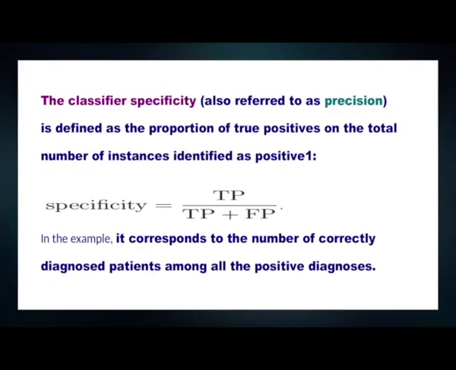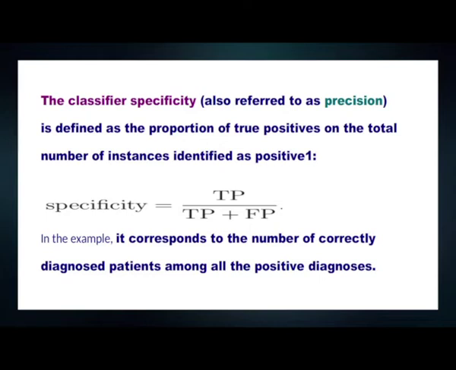The classifier specificity, also referred to as precision, is defined as the proportion of true positives out of the total number of instances identified as positive. Specificity equals TP divided by TP plus FP. In the example, it corresponds to the number of correctly diagnosed patients among all positive diagnoses.